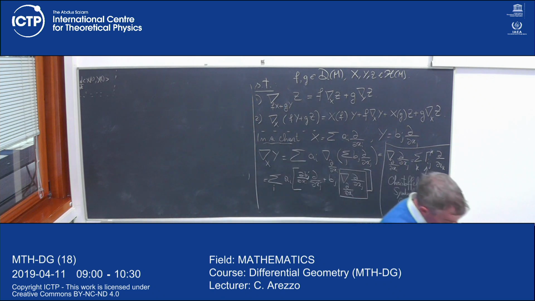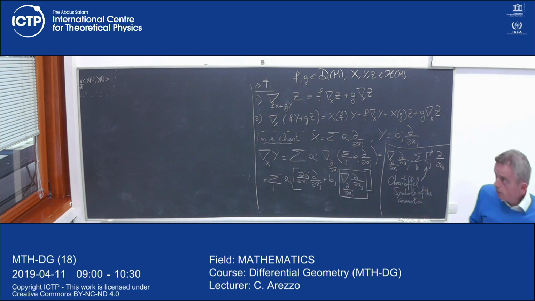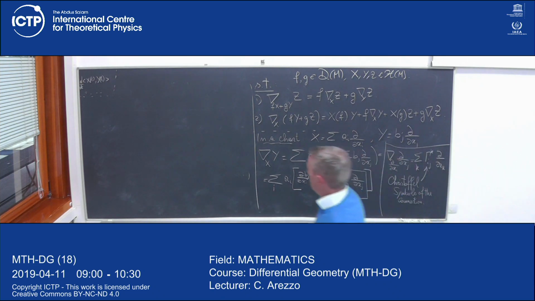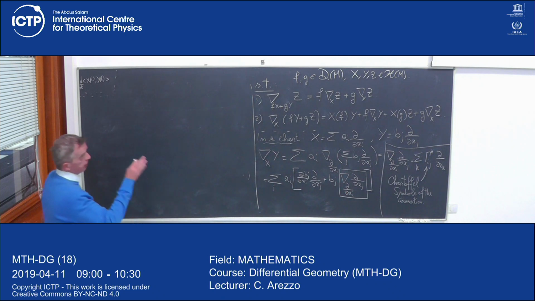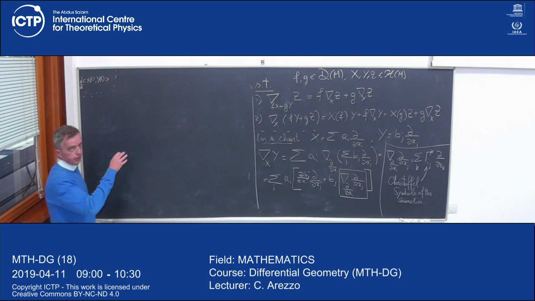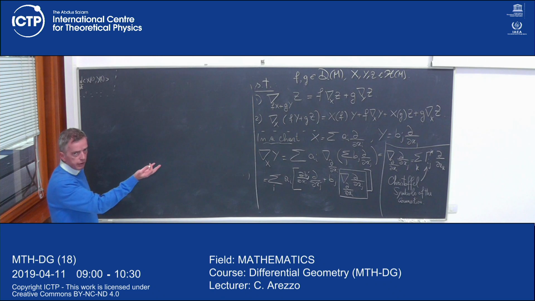First, I should have given you another definition. Every time you have an affine connection, it rules out a very special class of vectors, of course. Because it's a derivative, the simplest thing that the derivative does is tell you which are the constants.